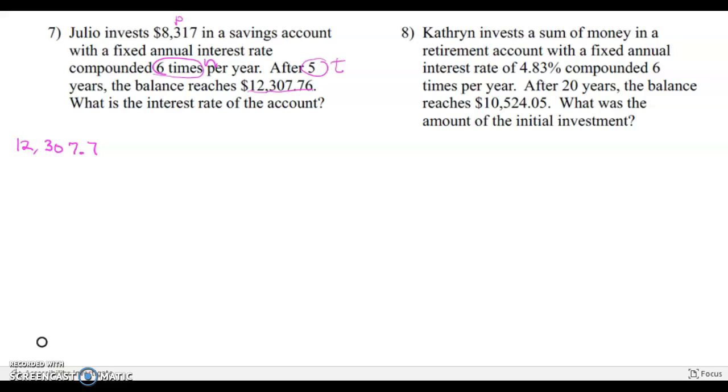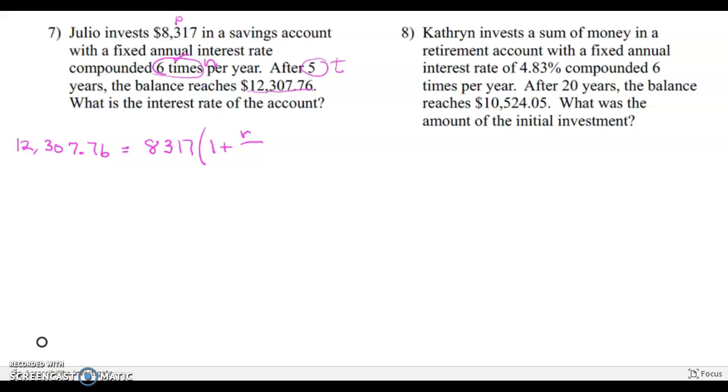So the final amount, 12,000, equals the initial amount, or the principal, 8,000, times 1 plus the interest rate, which is the unknown. Whoops. The interest rate is what we're trying to find.